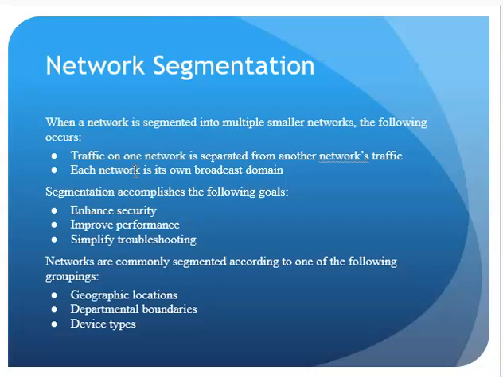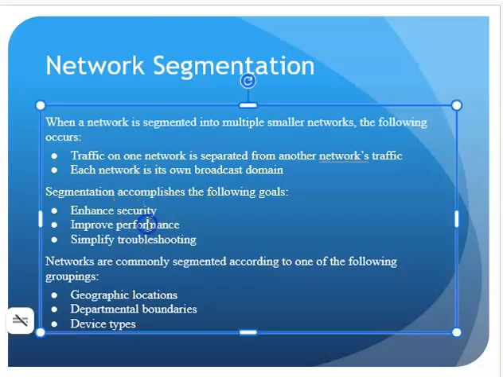So with segmentation, with doing those subnets or VLANs, I'm going to get better performance. My traffic is not affecting other buildings. Secondly, because of that, my traffic is not flowing to another building. One building can't see the other building's traffic, if you will.